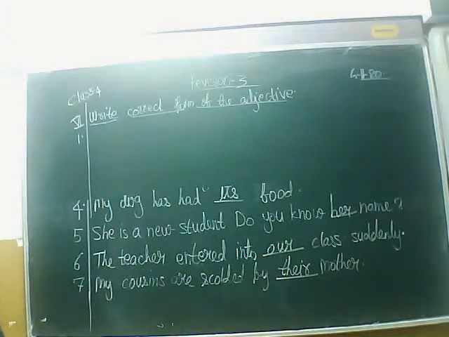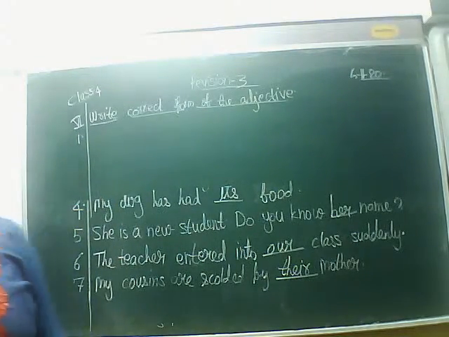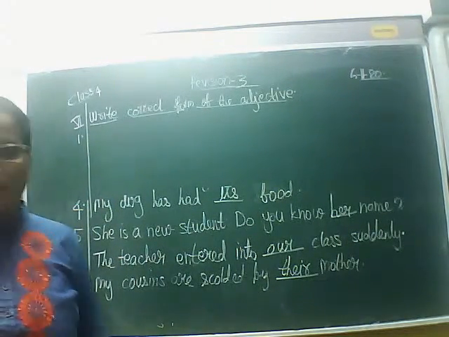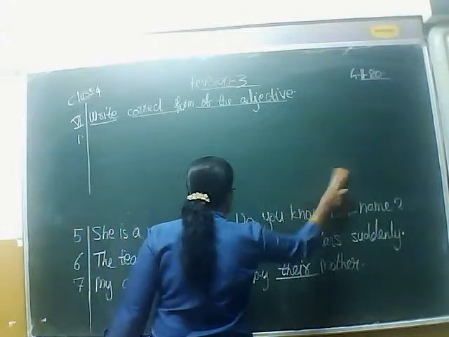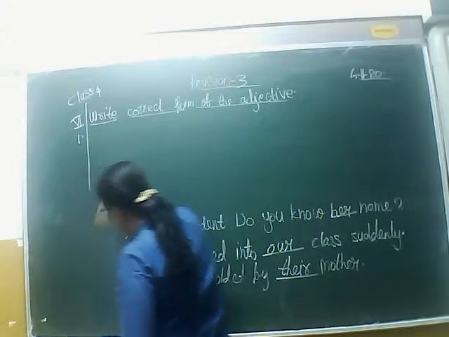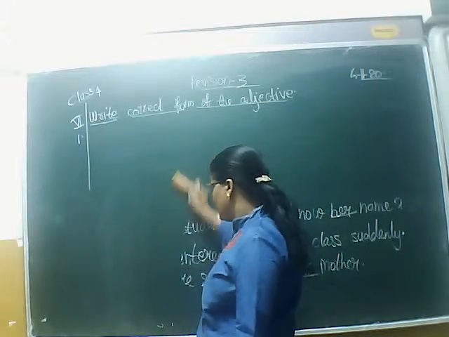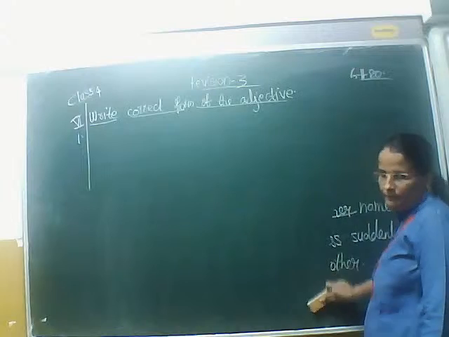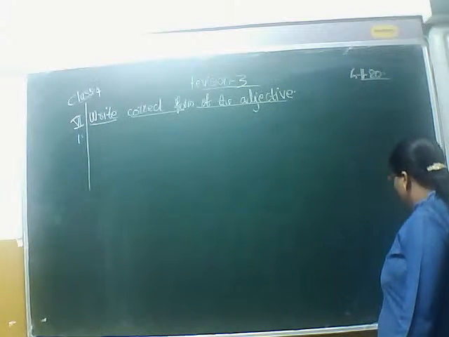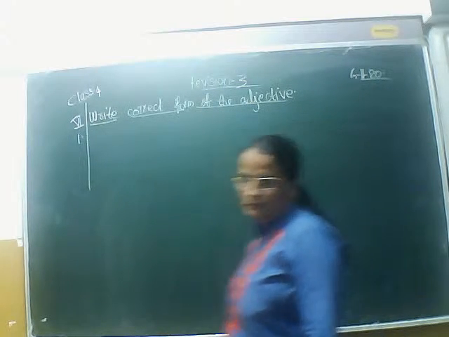Question number 1. Correct form of the adjective, not correct objective. So this is why I used to tell you, you read the question, understand the question before you write the answer.